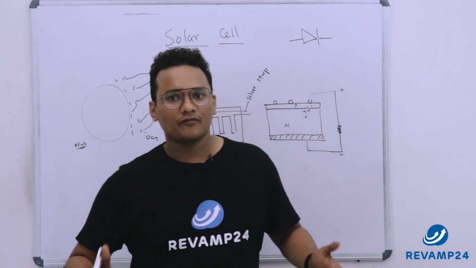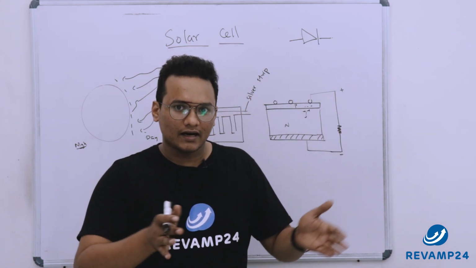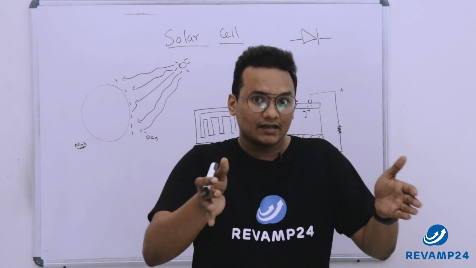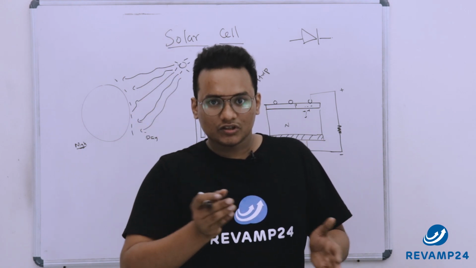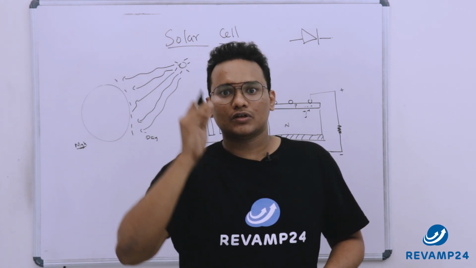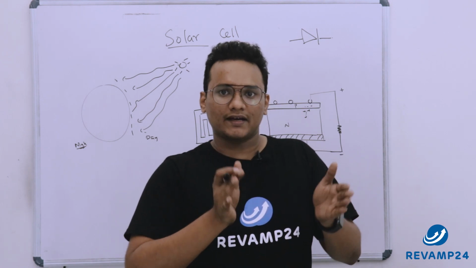Now, why can't we use this same energy for our day-to-day activities? For example, for running a car. If a car is powered by solar, then in daytime we can store energy by converting solar energy into electrical energy in a battery.